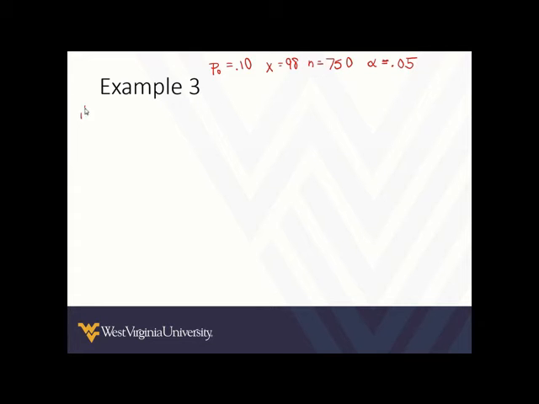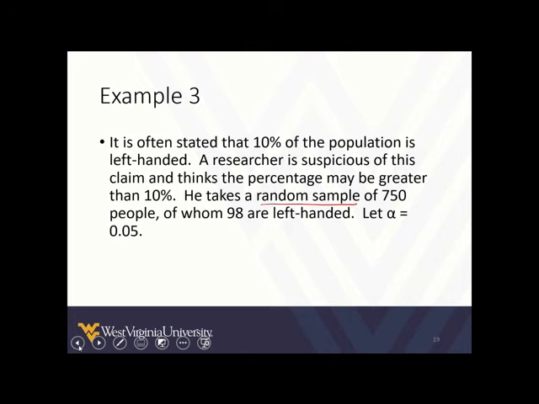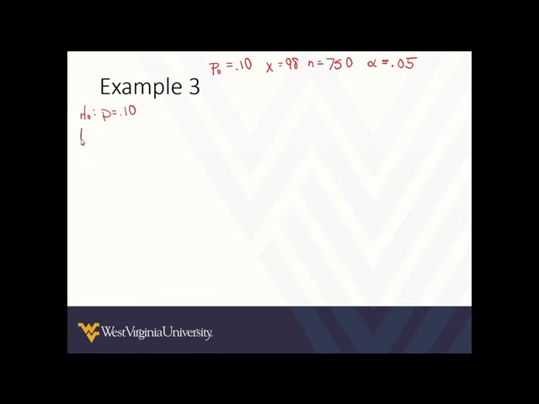To state our hypotheses, we have that P is equal to 0.10, and we were asked to see if the percentage may be greater than 10%. So our alternative is that P is greater than 0.10. Now we may calculate our test statistic.